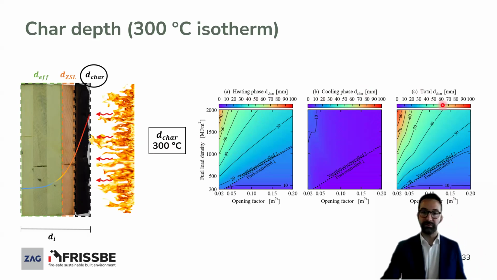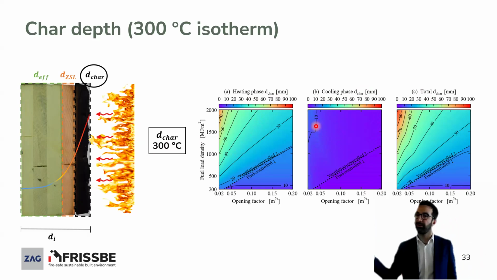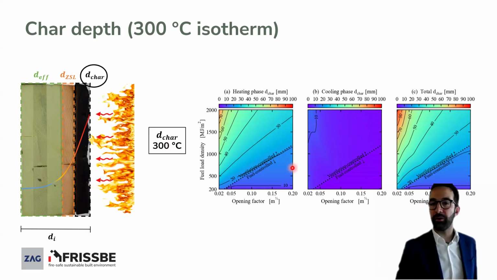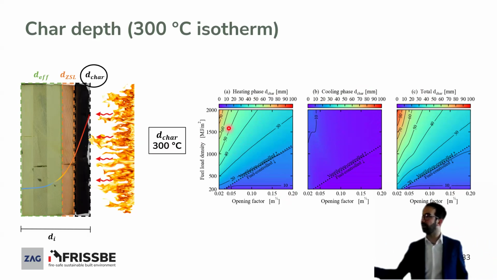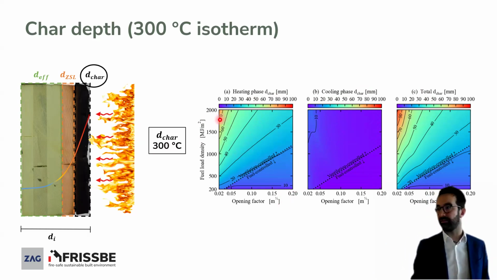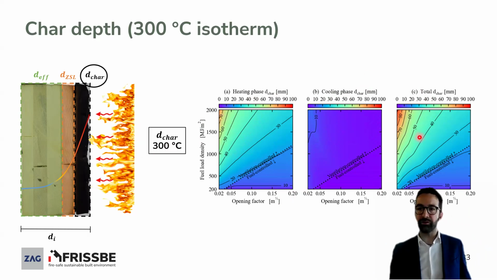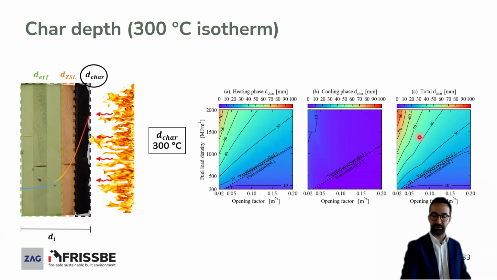What is important that I wanted to highlight is that for the cooling phase, we have values between 0 and 10. So we don't have much contribution to the char depth during the cooling phase, while most of the contribution is due to the heating phase when we have high temperatures. We have more or less a ratio between 0 and 10 and 10 to 70. So the value is much higher. And then you get the total char depth in this ratio.